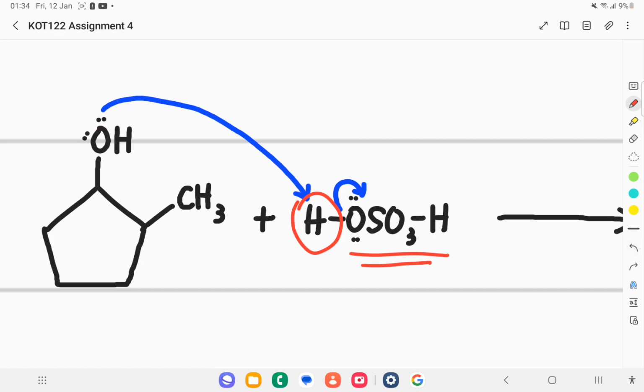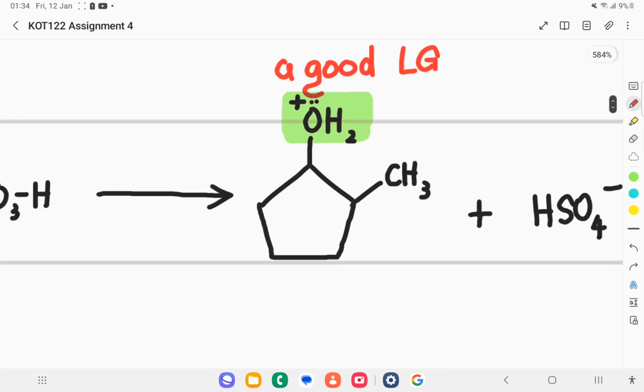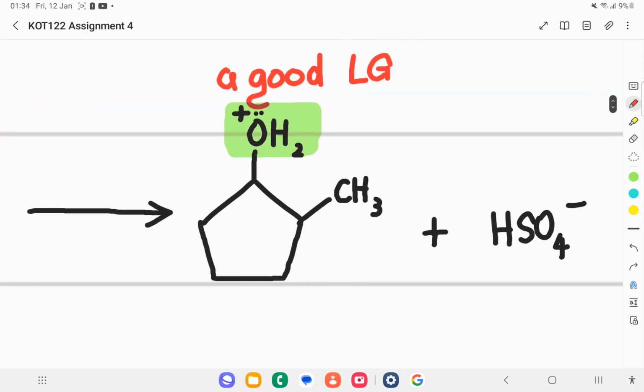But before we can form OH2, the bond between hydrogen and oxygen, which is this one, will break, and the bonding electrons will be taken by the oxygen atom of the remaining OSO3H. Then we will form H2O, which is water, a good leaving group.